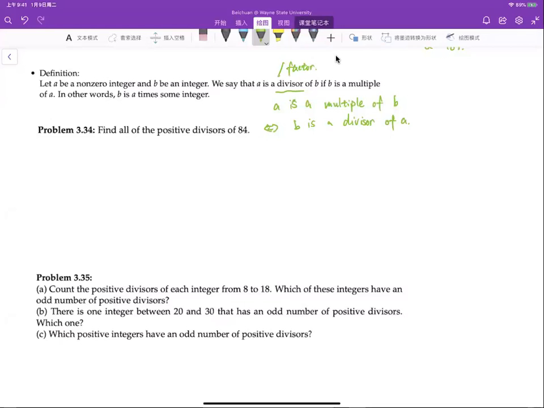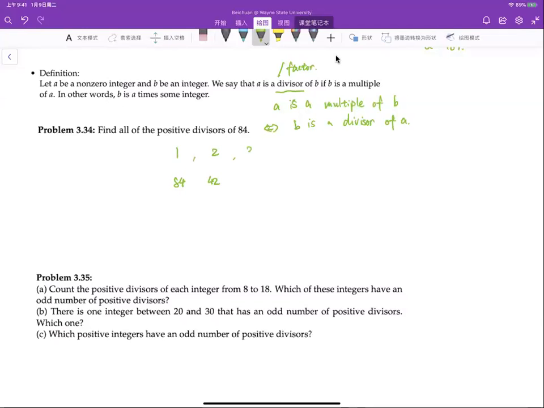So let me do that because there are a lot. The first one will be 1, then 2. Actually you can find them in pairs. Once you know that 1 is a divisor of 84, then you know that 84 is another divisor of 84, because 84 over 1 is 84. Once you know that 2 is a divisor of 84, then you know that 42 is another divisor.